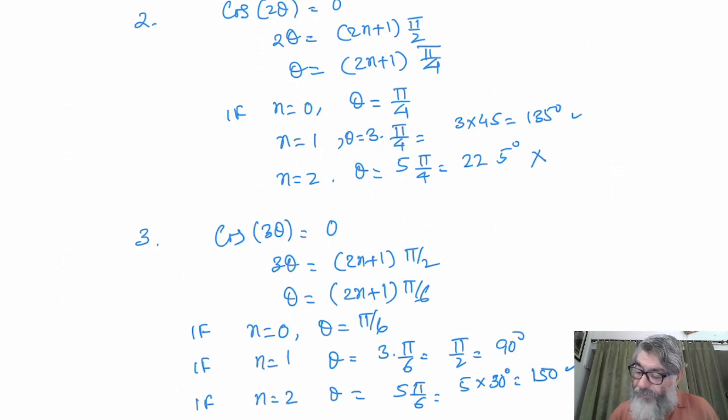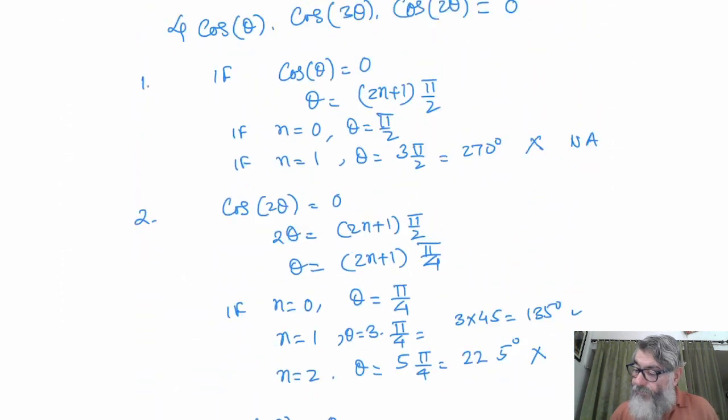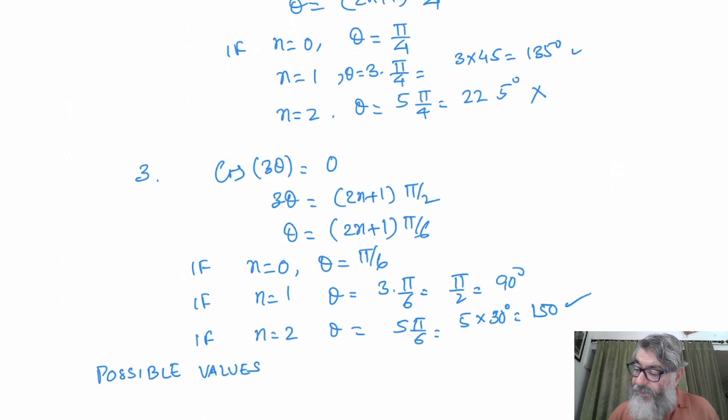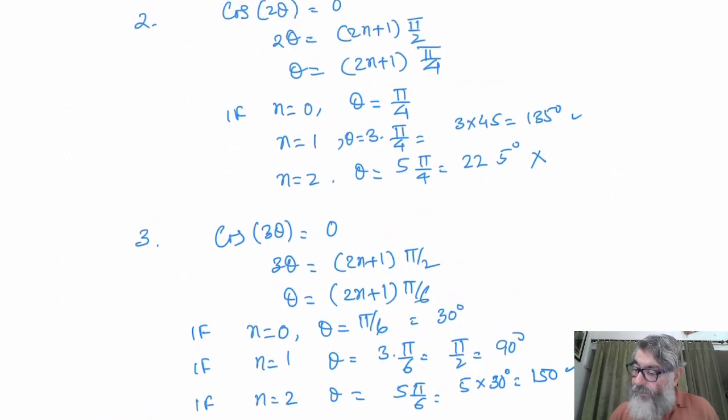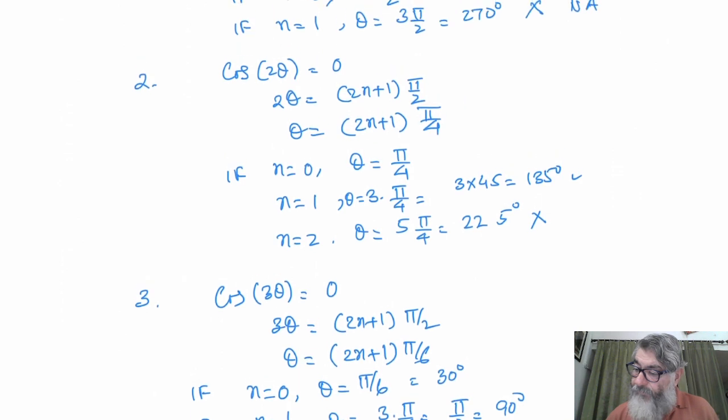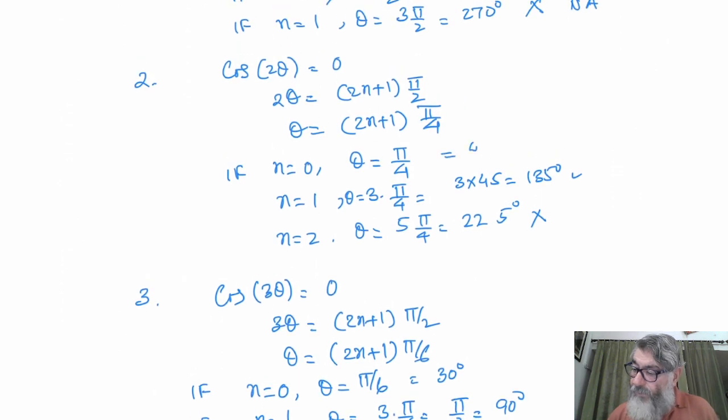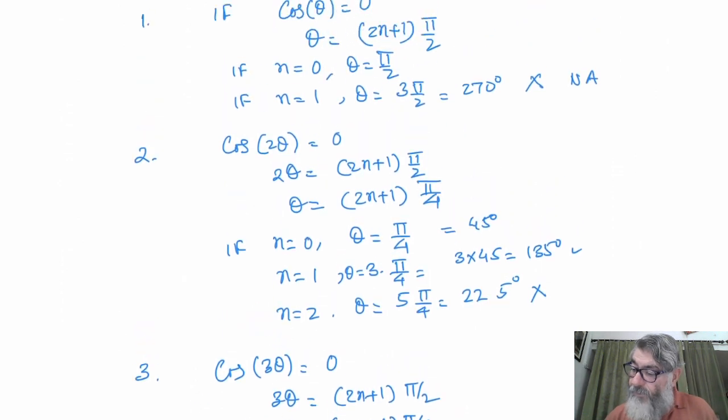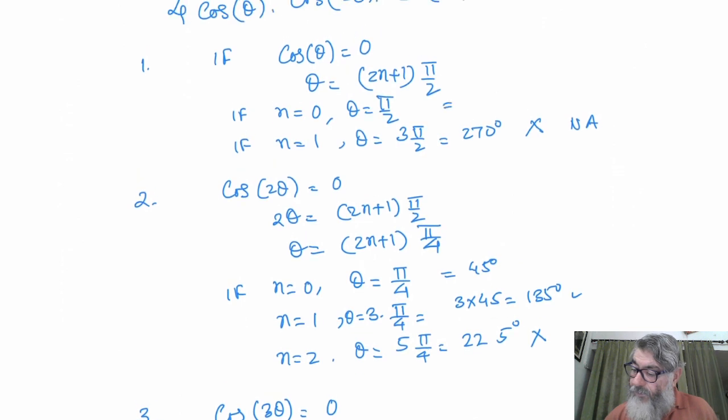So possible values. Pi by 6 is 30 degrees, this is 45, and this is 90.